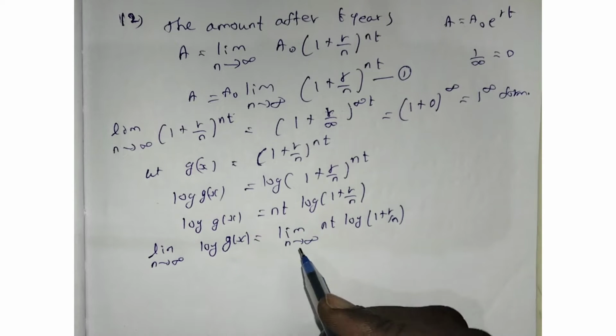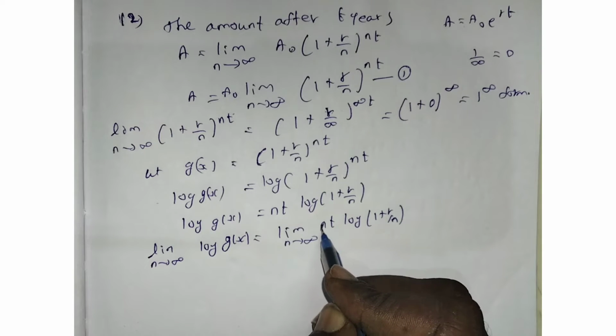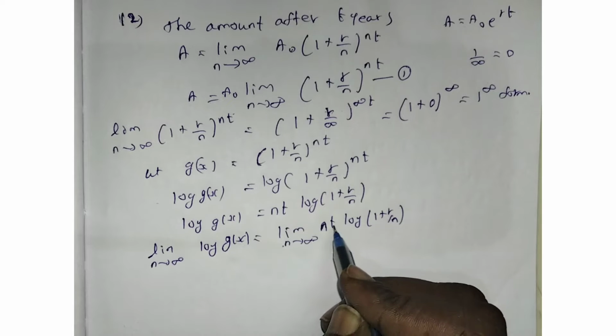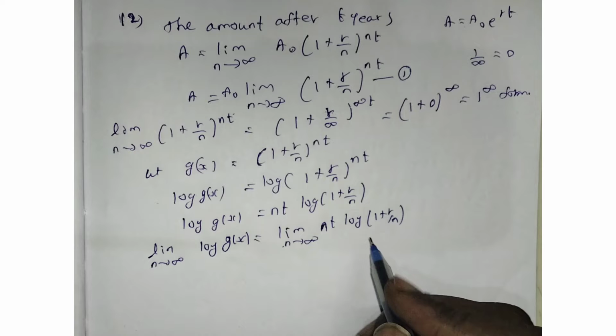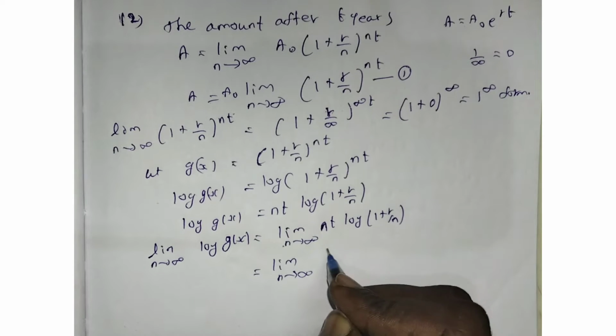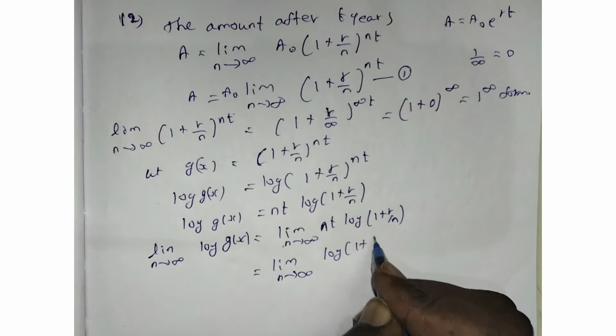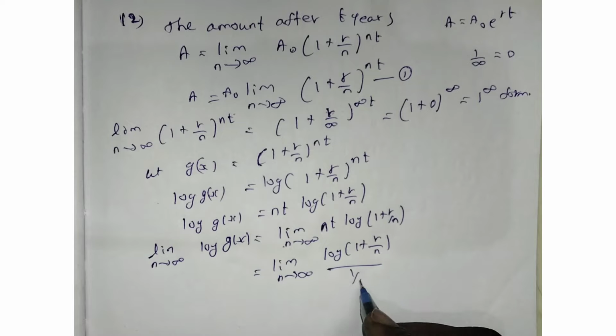When I am going to apply L'Hopital's rule, we need the numerator and denominator as variables. Here n is a variable, since n tends to infinity. We can bring the nt to the denominator. So now we can write limit n tends to infinity of log of 1 plus r by n, then nt becomes 1 by nt.